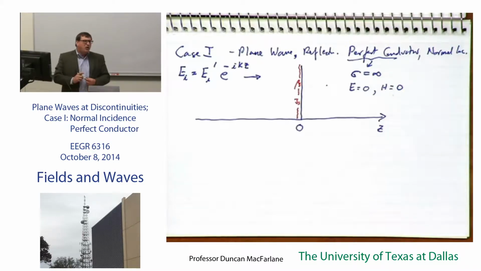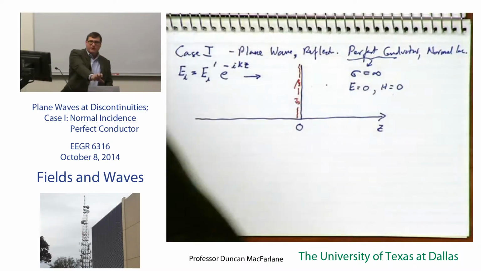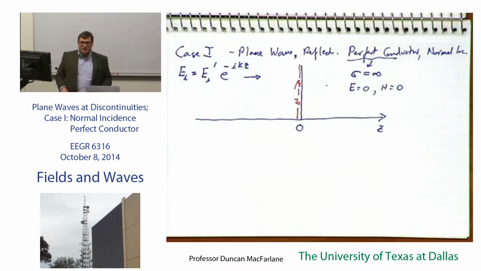Well, we kind of know what happens when we shine light on a shiny metal surface, or we shine an electric field or a plane wave on a shiny metal surface. It reflects back to us, right? I mean, you can take out your cell phones now and hold one up against a piece of glass or something, and you'll see the reflection off of it.